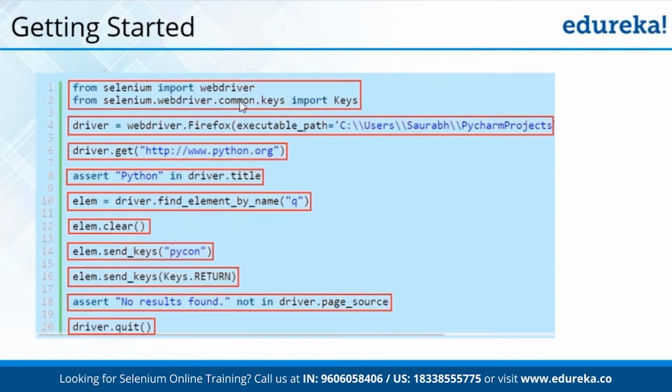So those classes you can access through this. Then you have driver equals webdriver.Firefox, with executable_path equal to the path of your project. See, what happens is when we have to create a WebDriver, we have to call the WebDriver and open up a browser.